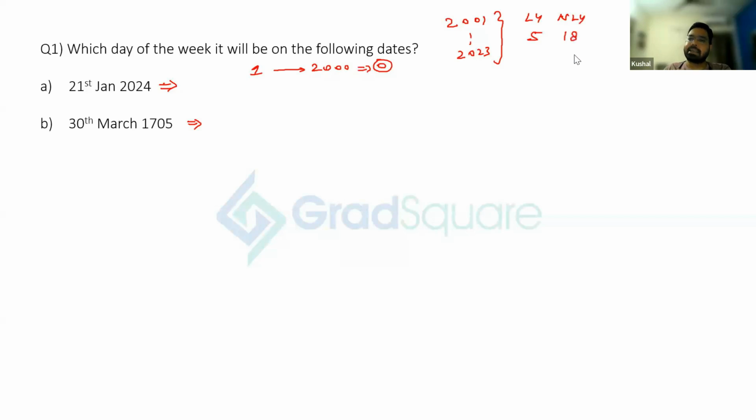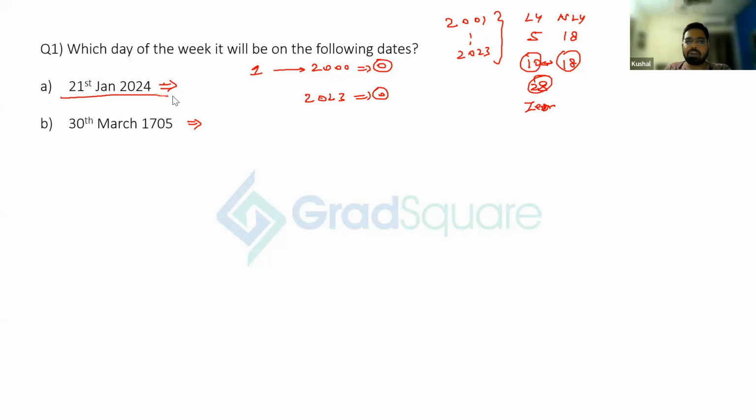Non-leap years will be 18. So non-leap years will give me 18 odd days. 5 leap years will give me 10 odd days. Both put together will give me 28, so 0 odd days. Clear? So till 2023 December, we will have December 31st as 0 odd days.